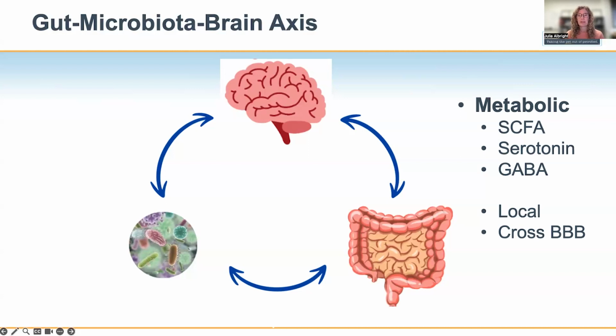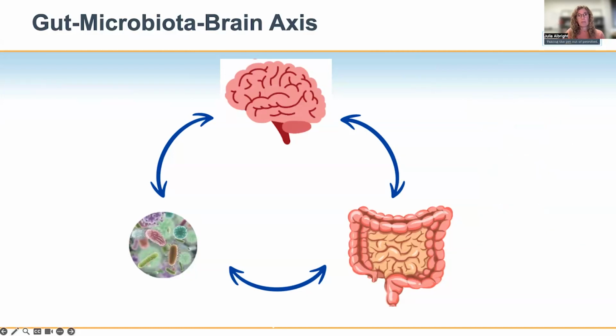This is going to be a theme: these factors can act locally. They can have local anti-inflammatory effects, local effects on the microglia, which are the inflammatory cells of the nervous system, but they can also cross the blood-brain barrier. So things that are produced in the gut seem to be able to act in the brain as well.